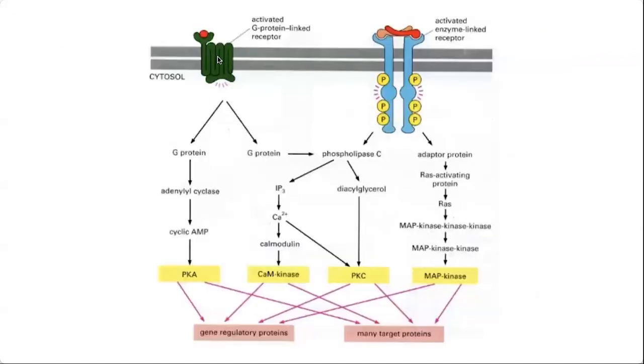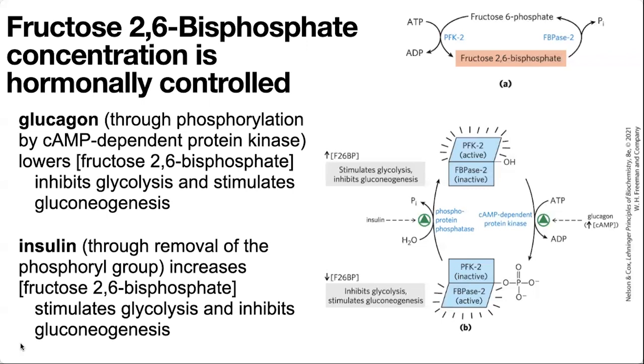Glucagon is going to act through a G-protein-coupled receptor to make cyclic AMP. That cyclic AMP is going to activate the cyclic AMP-dependent protein kinase, which is then going to phosphorylate this protein, inactivate its kinase domain, activate its phosphatase domain, and basically then inhibit glycolysis and stimulate gluconeogenesis.